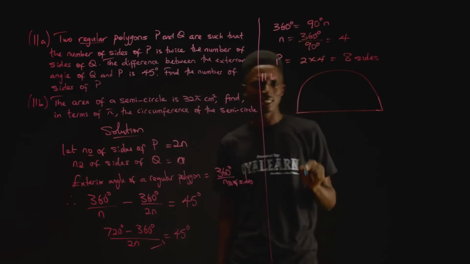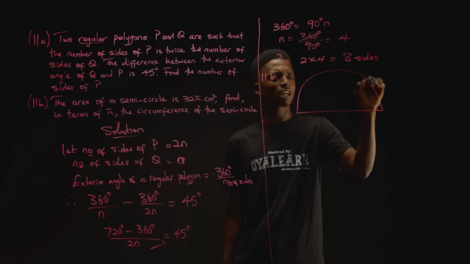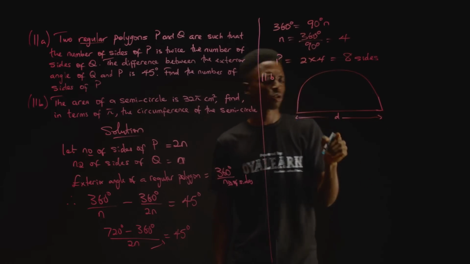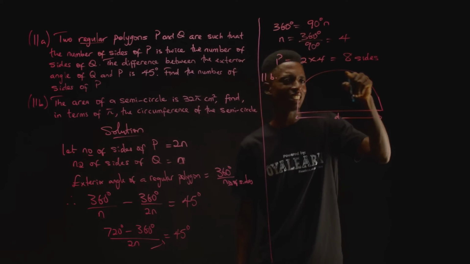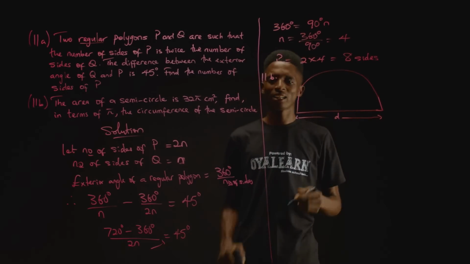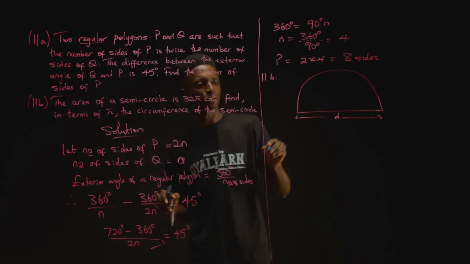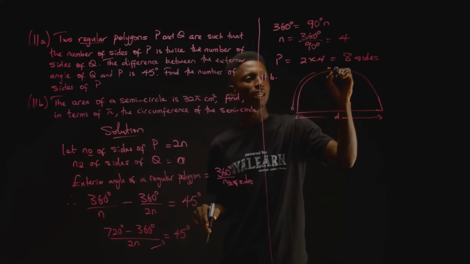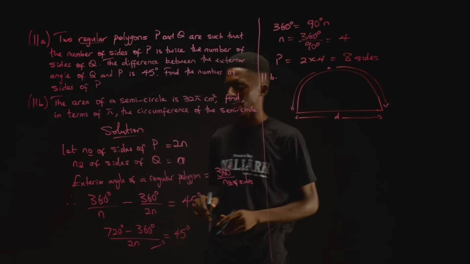The circumference would be half of the circumference of a circle plus d. We know that this distance here is the diameter. So we're going to add the diameter and the length of this arc, right? So that's what we are asked to find. Let's call the length of this arc A.